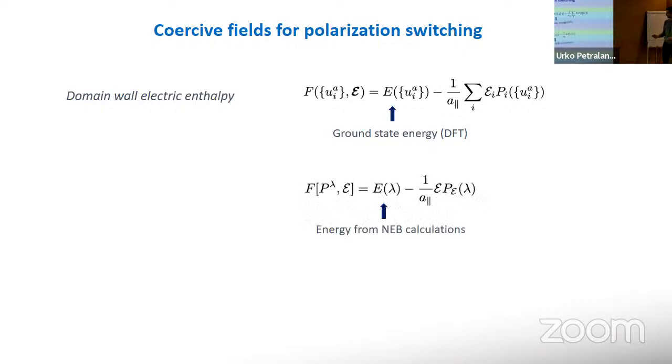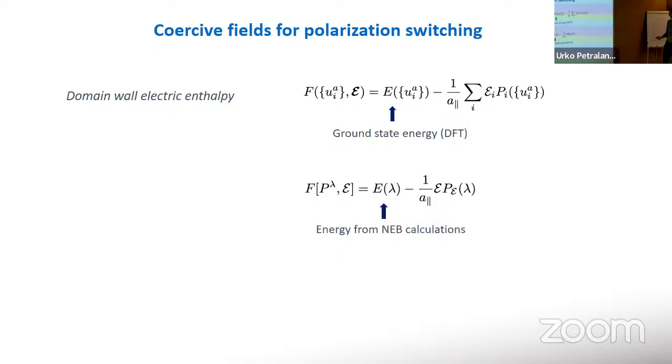So one can write this taking into consideration that the relevant direction of the electric field will always be parallel to the polarization, and we can neglect the components of the field that are perpendicular to the polarization, and write the enthalpy in a simplified way, with only one direction, and use the nudged elastic band as the energy path that the system will cross.